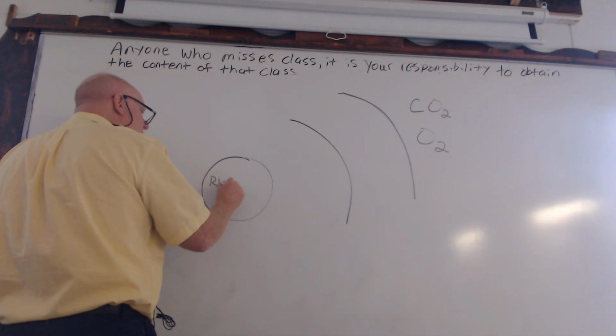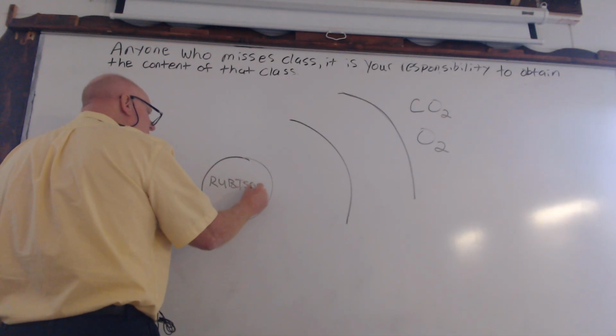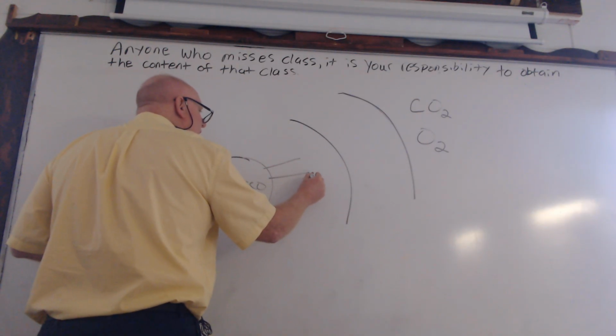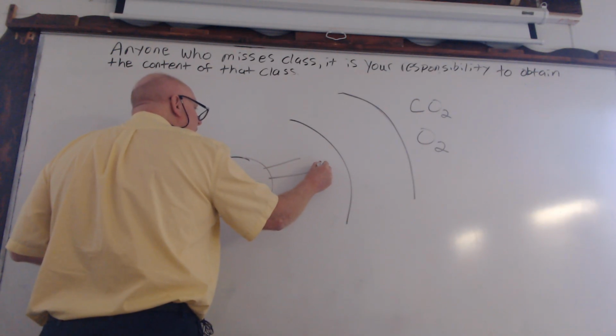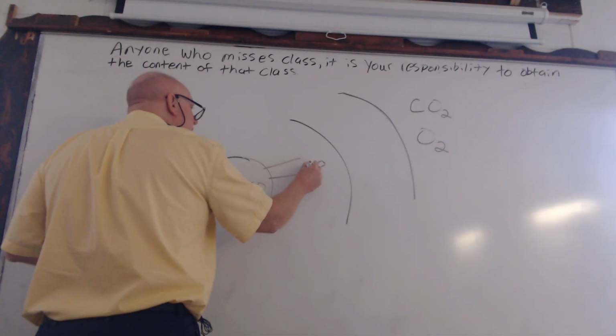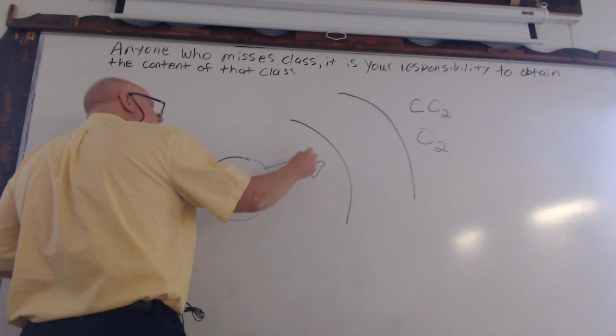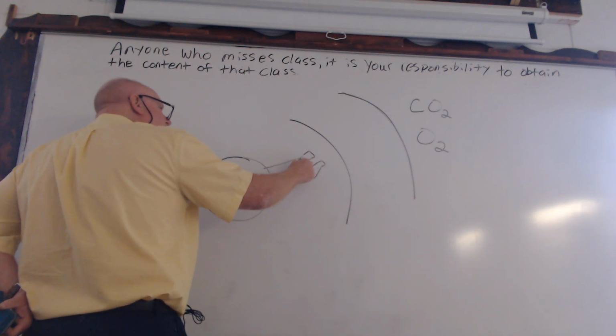Here's your Rubisco. Okay, and it's got this deal that they illustrated. So what is this grabbing in this fork?